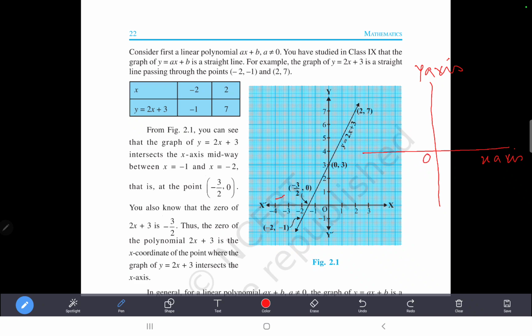This is the origin, 0. So if I want to reach this point, I have to go this way on the x-axis and this way on the y-axis. Say for example, if I'm going 2 points on the x-axis and 2 points on the y-axis, it is called the coordinates of any point. Say for example, the point is P(2, 2).